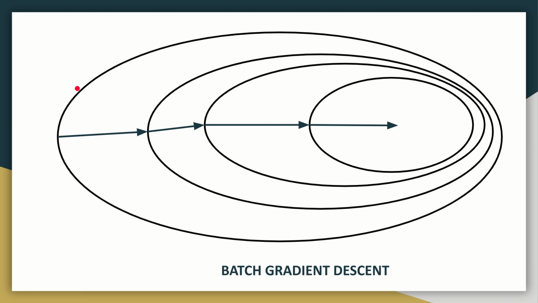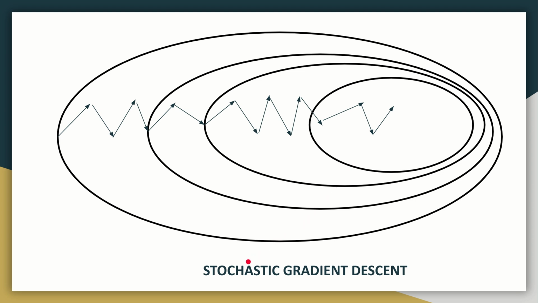Now let us look at this with the help of an illustration. In batch gradient descent, we get a very accurate estimation of our gradients and hence will be converging towards our global minima much faster, although it is computationally expensive. That's why we don't prefer to use batch gradient descent. In stochastic gradient descent, you can see the gradients are very noisy.